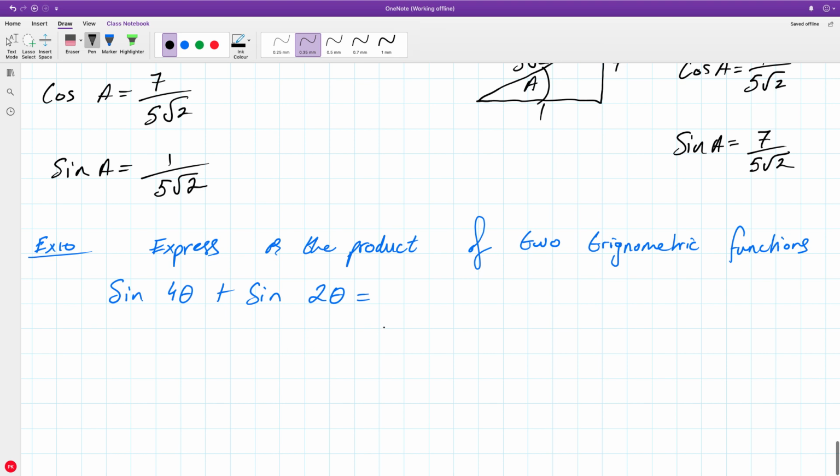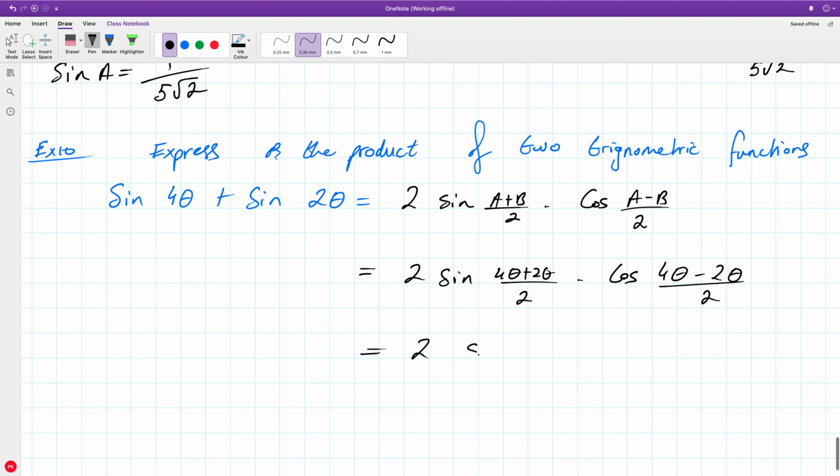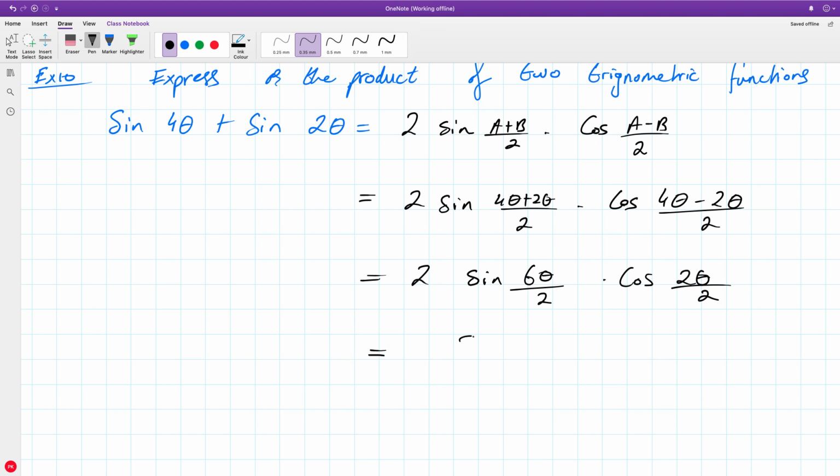So, the sine of A plus the sine of B is 2 times the sine of A plus B over 2 by the cos of A minus B over 2, which is equal to 2 times the sine of 4 theta plus 2 theta over 2 by the cos of 4 theta minus 2 theta over 2, which is equal to 2 times the sine of 6 theta over 2 by the cos of 2 theta over 2, which is equal to 2 sine 3 theta by the cos of theta.